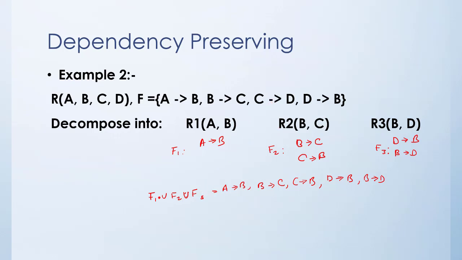That is C determines D. But using these two functional dependencies, we can write C determines D.